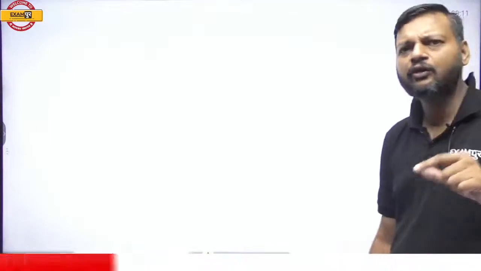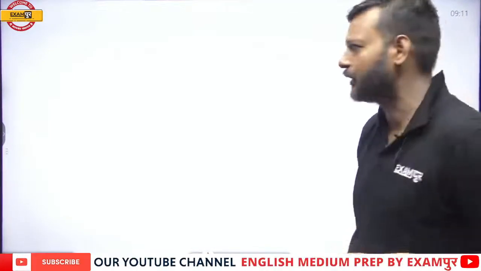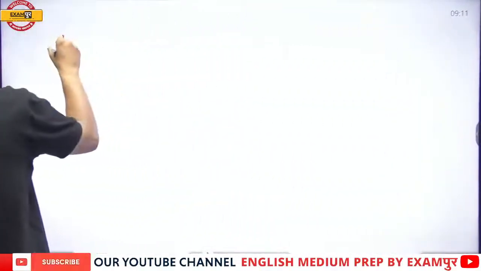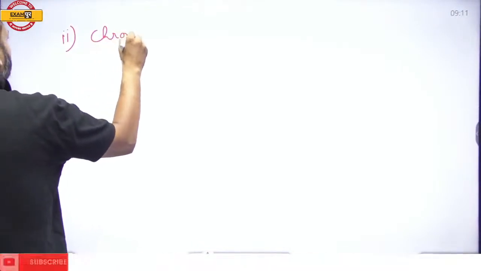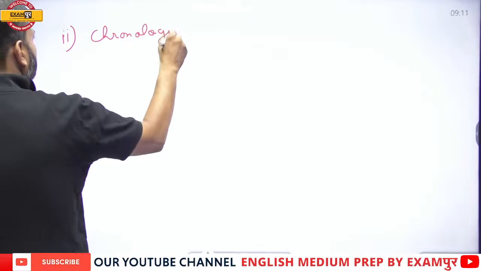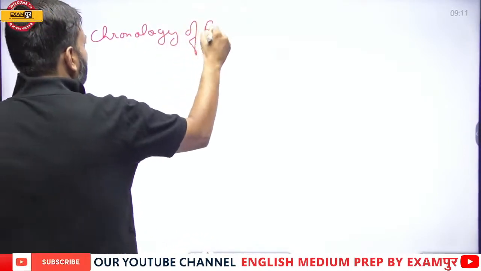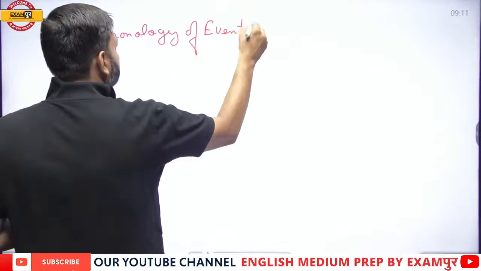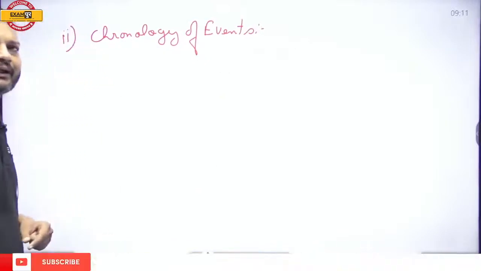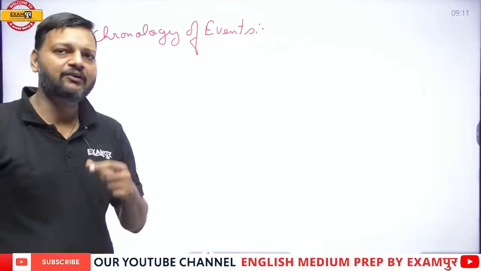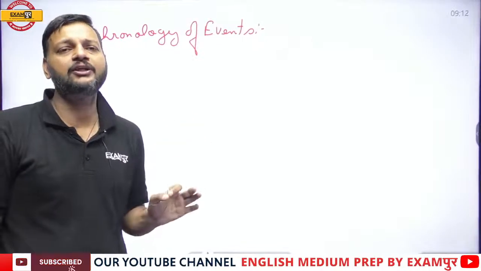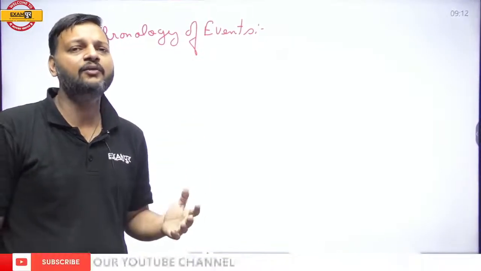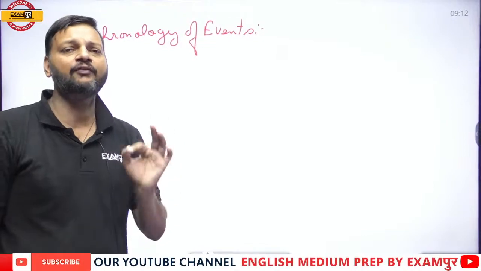Acha, before solving a parajumble, just one more thing I want to tell you, that is chronology of events. This is also one important thing that you should keep in mind while solving a parajumble, that you have to arrange all the sentences in chronological order. And what chronology you have to follow? You have to follow the chronology of events.